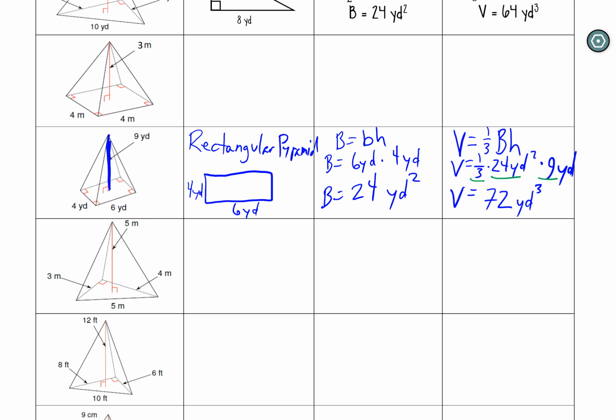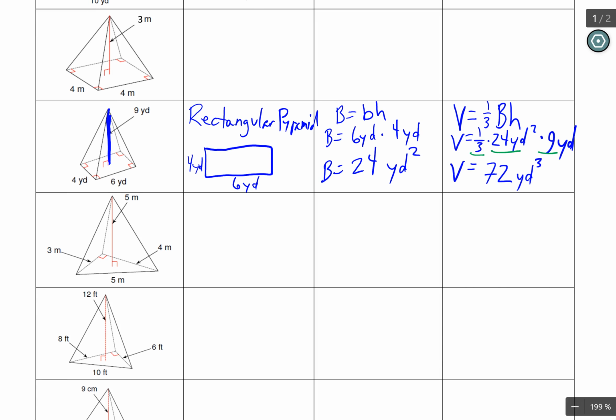All right, let's go ahead and do the very next one, which is a triangle base pyramid. This would be a triangular pyramid. I need to draw my triangle. Looking at it here, if I were to call 5 my base of my triangle, I have a hard time finding that height.